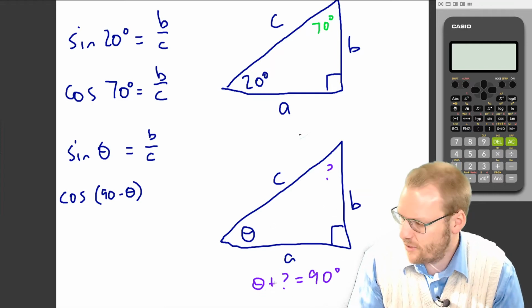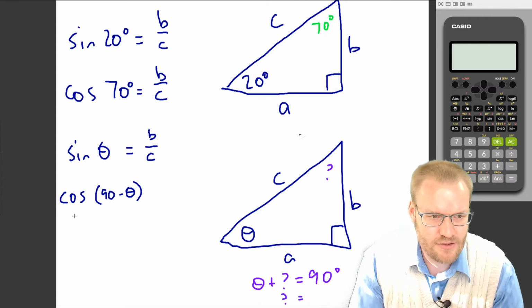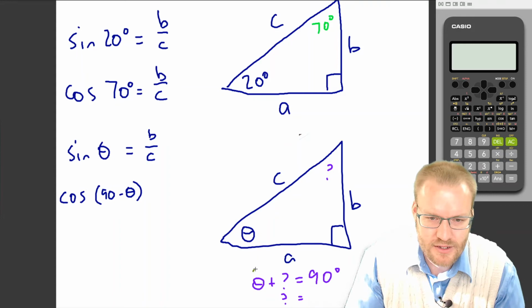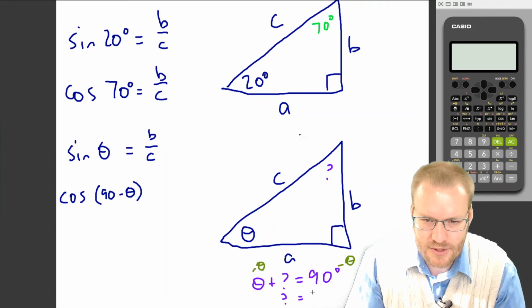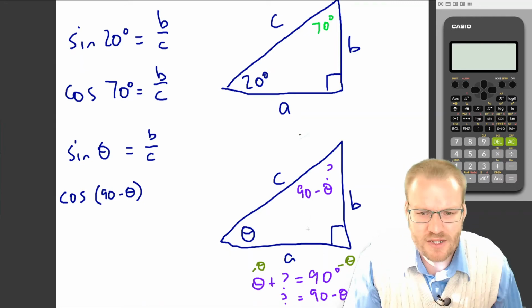So from our equation, if we subtract theta from each side, then our mystery angle is just 90 minus theta. Maybe you're comfortable with that already, but there's our full explanation.